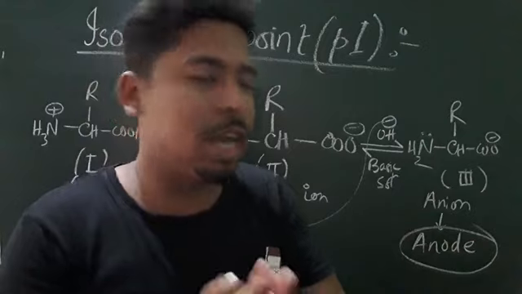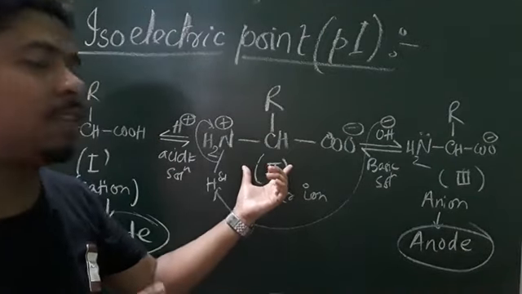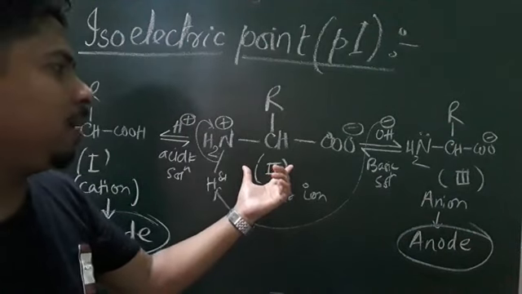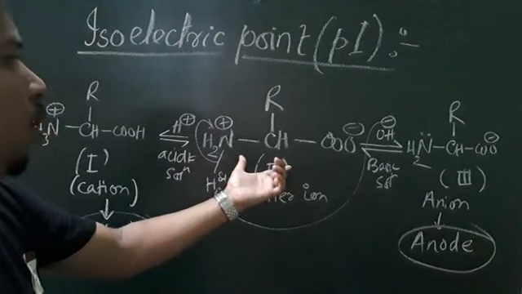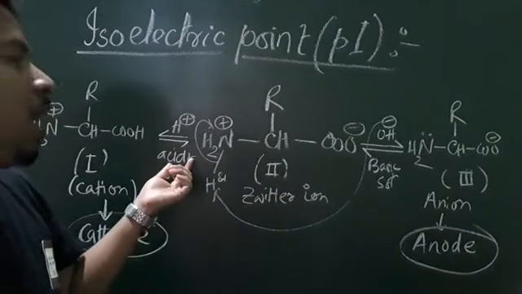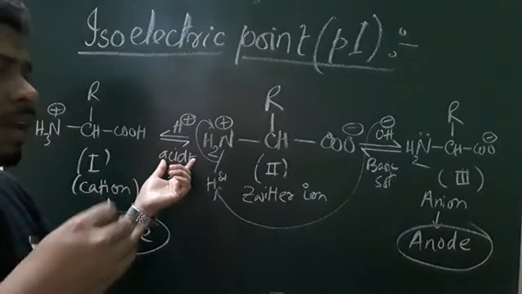Once again I am repeating here, you see, in aqueous solution, this amino acid, we know they exist as the dipolar ion. Aqueous solution में ये amino acid dipolar ion में exist करता है. And now if we make this solution acidic, if we add acid in this solution, in the acidic solution there will be a large number of protons.